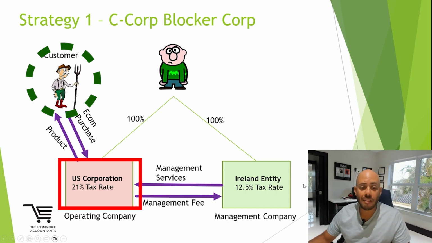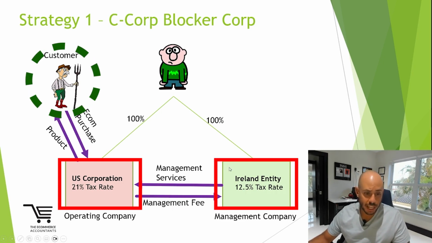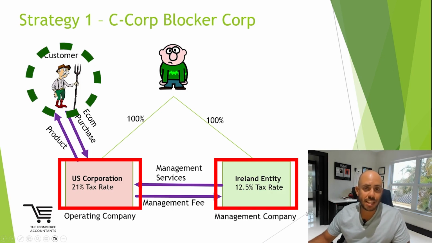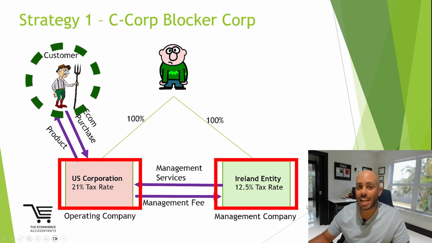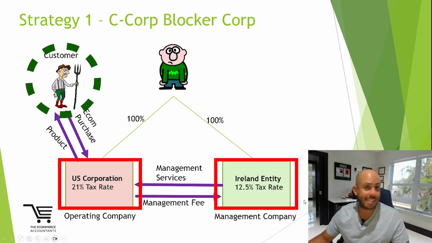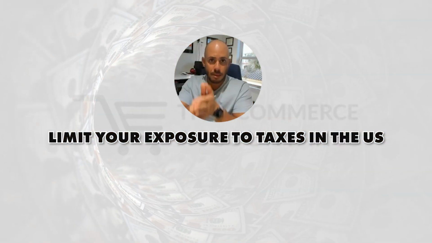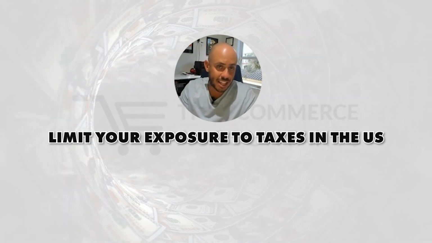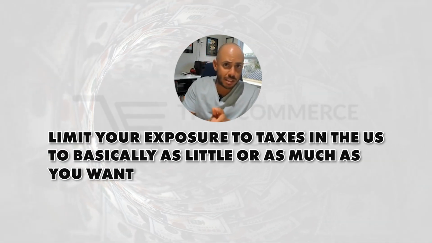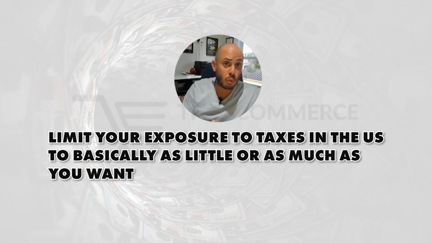Separately, you have an Irish company, and this is a management company. This is basically intended to get money out of the US in as tax-friendly a way as possible. What we're trying to do is limit your exposure to taxes in the US to basically as little or as much as you want.